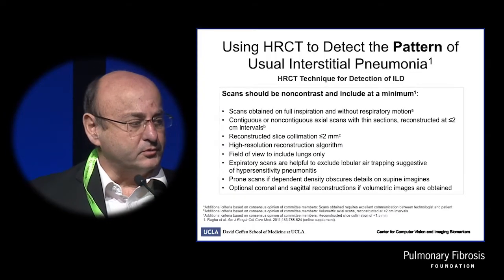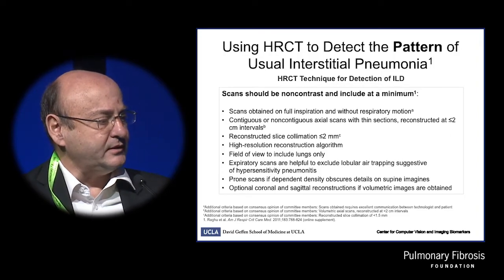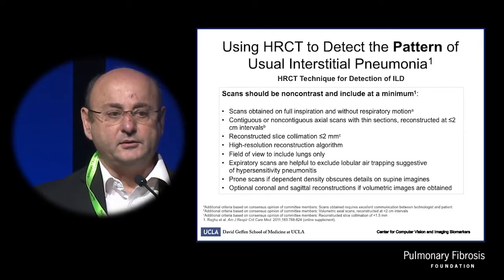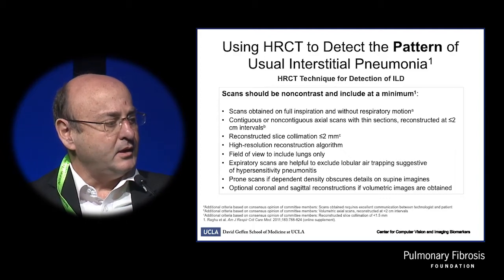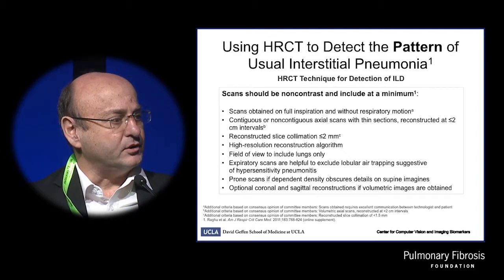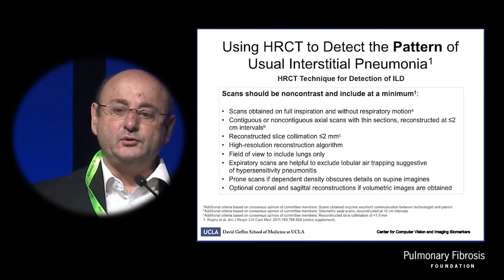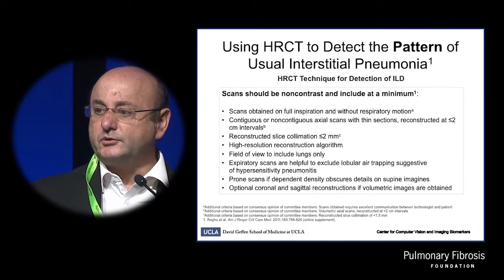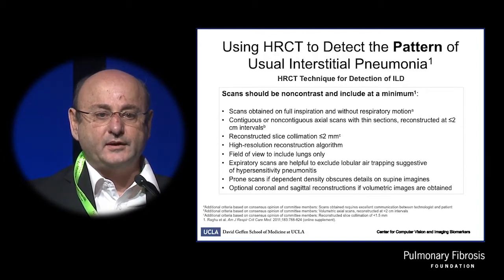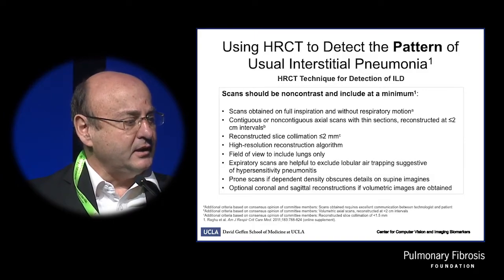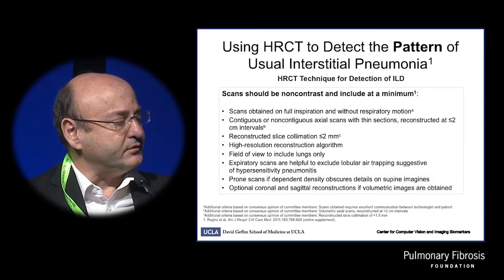So in general, we use HRCT to diagnose a pattern of usual interstitial pneumonia. Scans should be non-contrast. We now know that there should be a certain type of CT. It should be standardized, thin section CT, and there have been recommendations as to how they should be performed.